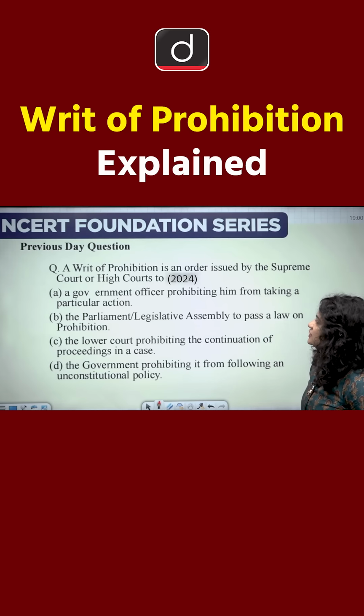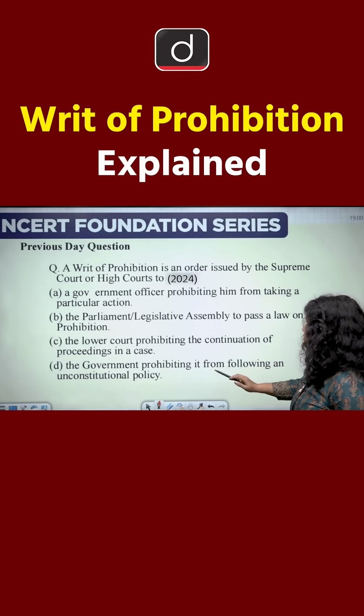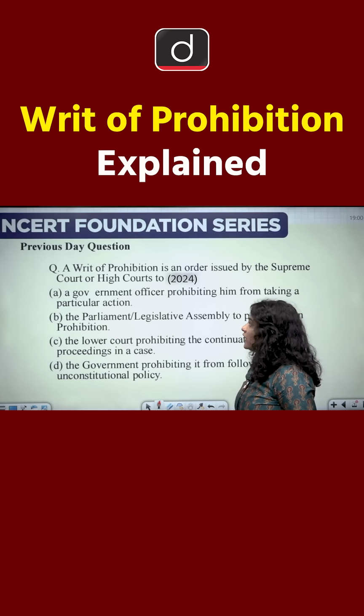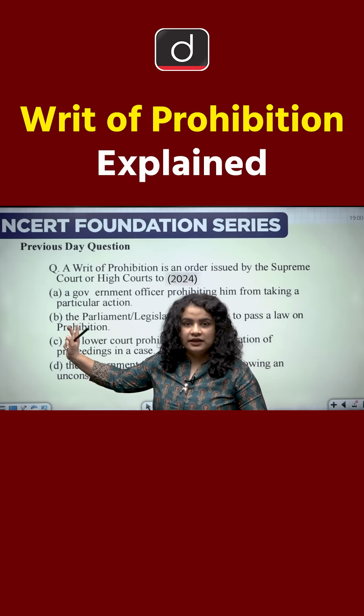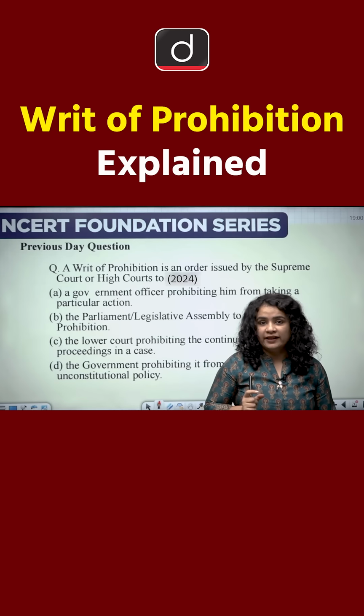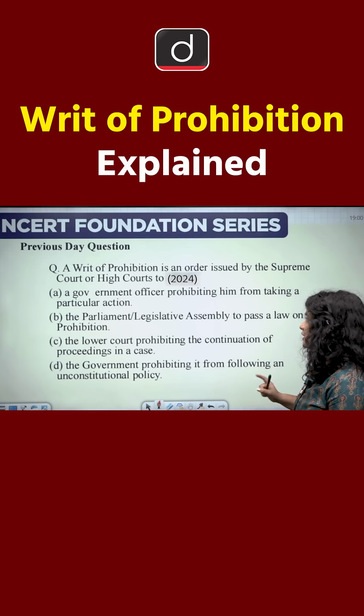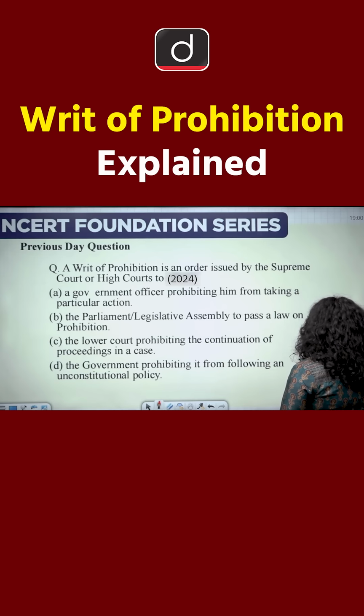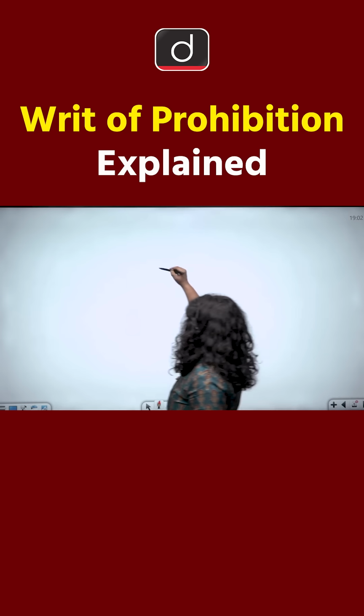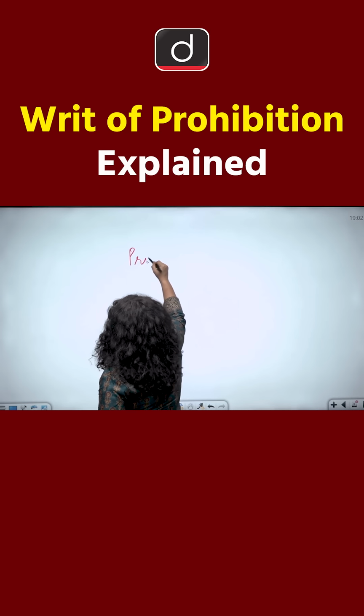So the question asks, a writ of prohibition is an order issued by the Supreme Court or High Courts to... If you have read your NCERTs well and thoroughly, you would be able to answer this question. Now, what exactly does prohibition mean?